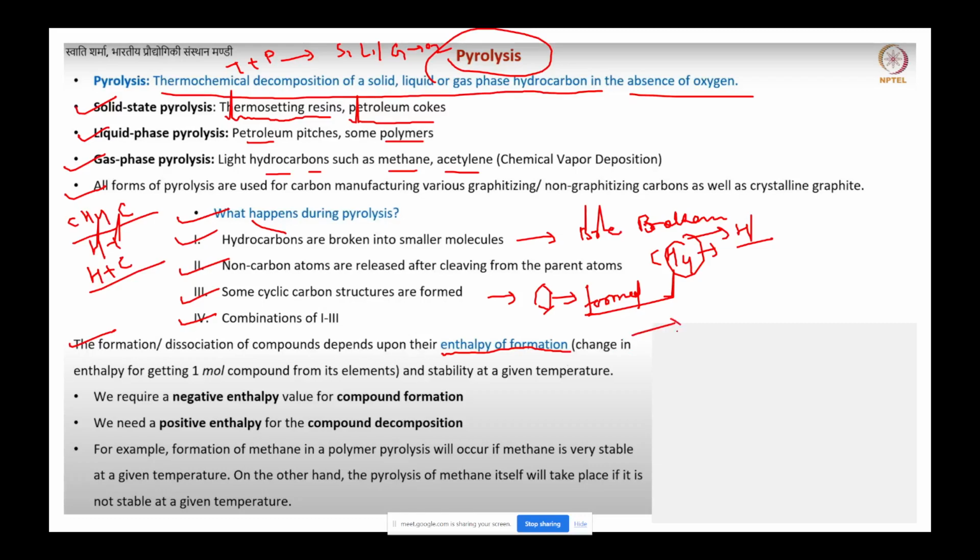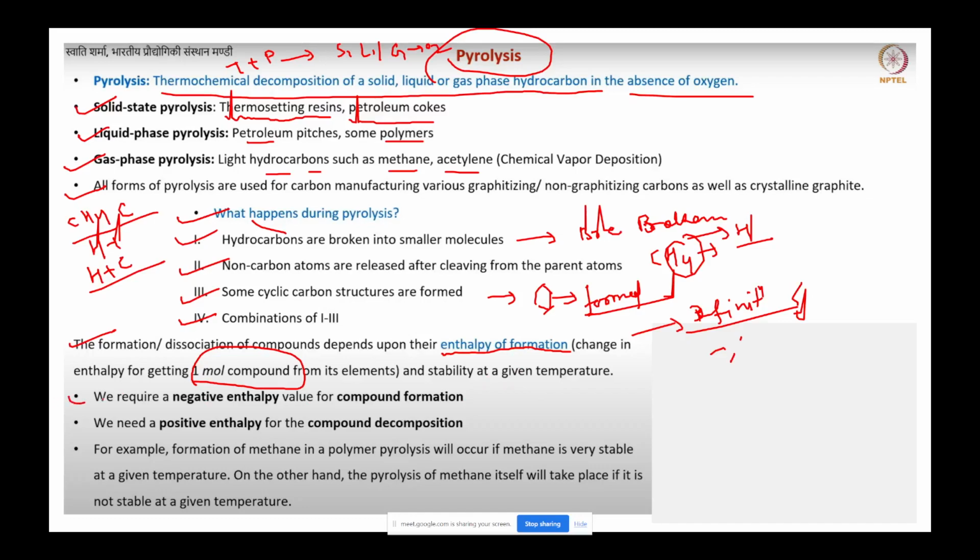Here is the definition: the change in enthalpy for getting 1 mole of compound from its elements. That is nothing but the enthalpy of formation, and stability at a given temperature.